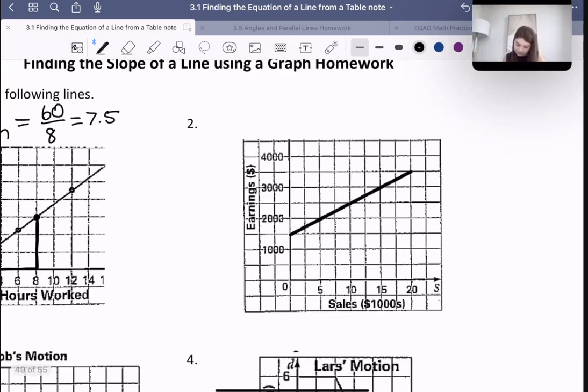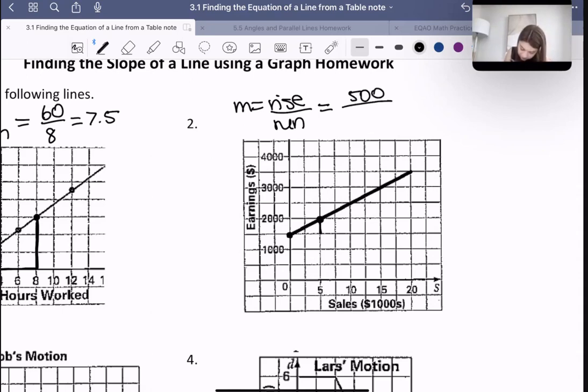Okay, so here we have earnings versus sales. How many sales we've gotten? Okay, so let's start with here, right? Here we have a solid point, and we also have a solid point right here. So let's go with that. We have m is equal to rise over run. So that means rise is 500, right?